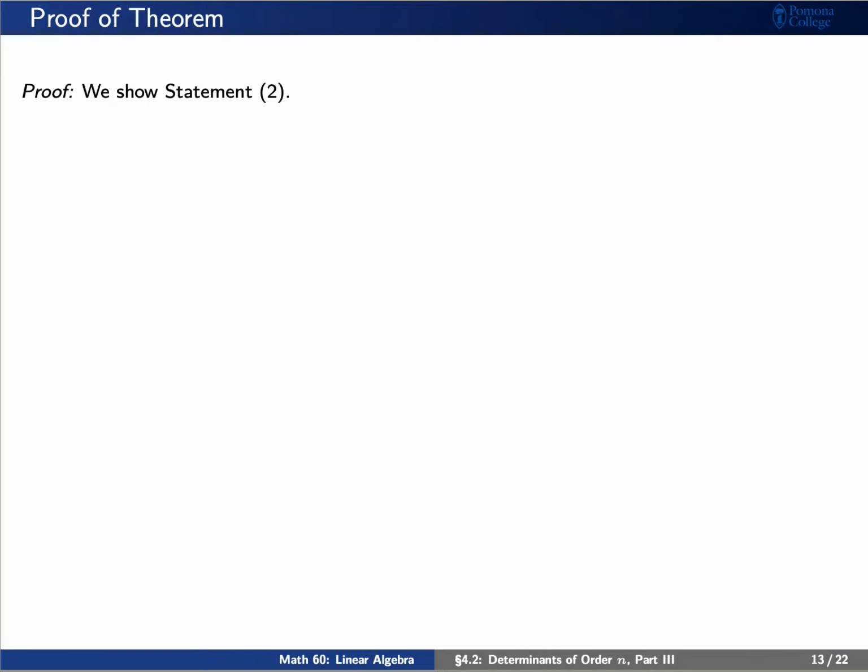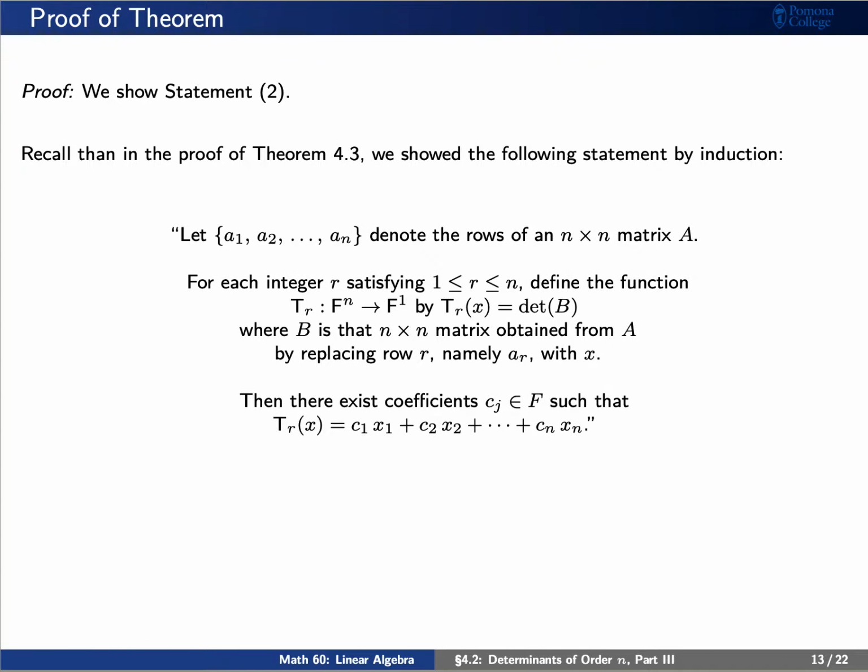Let's try to prove these statements. We'll start by proving the second statement, what happens when A has a row of zeros. Recall that when we wanted to prove Theorem 4.3, we proved the following statement by induction. Let's say that A is an n by n matrix.